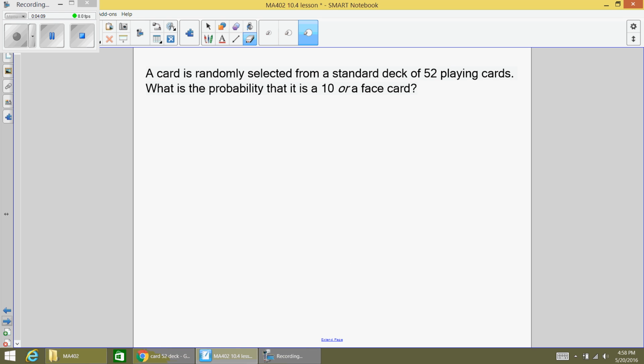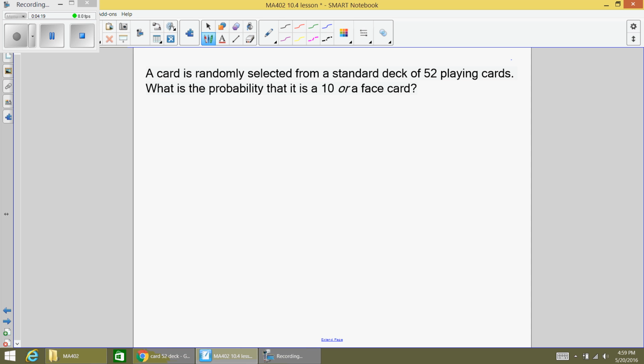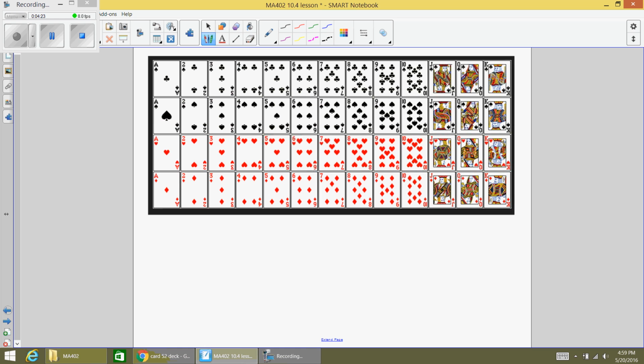It says a card is randomly selected from a standard 52 card deck. What is the probability that the card is a 10 or a face card? Okay, 10 or face card. So I'm going to go back here. I want a 10 or a face card. Well, what's the probability of grabbing a 10? 4 out of 52.